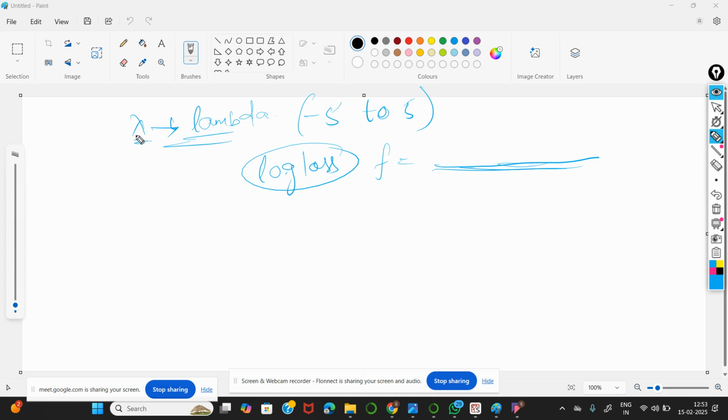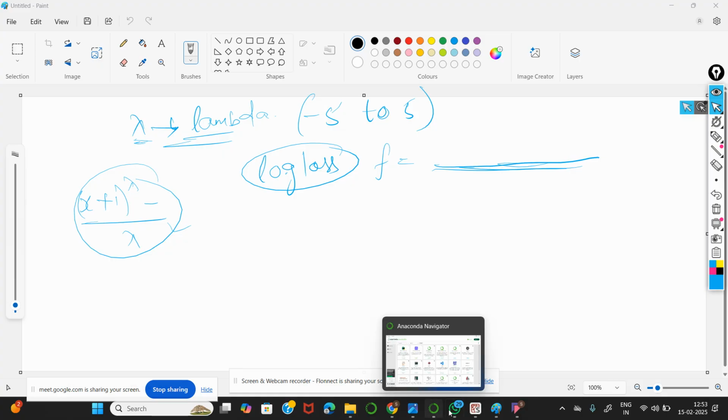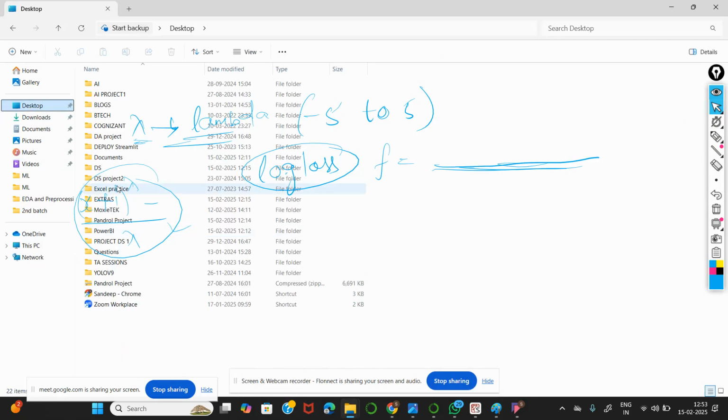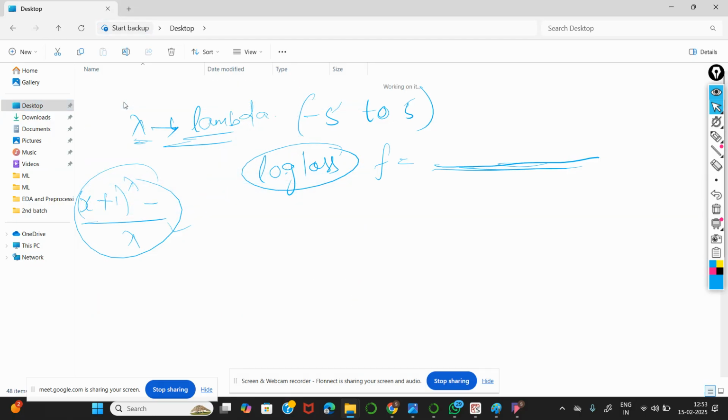It will give you a lambda value in such a way that if you apply one formula, let me go on, x plus 1 to the power lambda minus something divided by lambda, something like this. The formula is not at all required to be remembered anyway. If I showcase that formula, it will be there in the presentation.